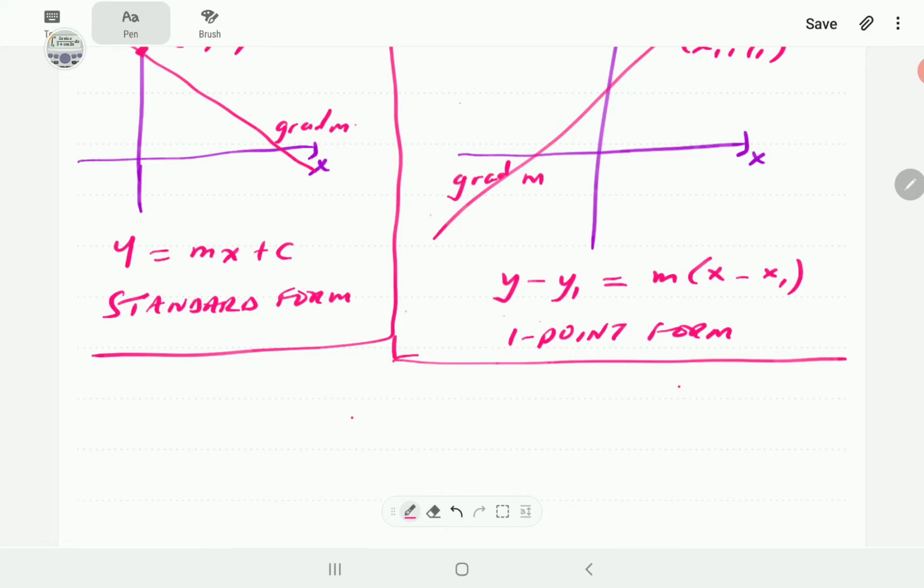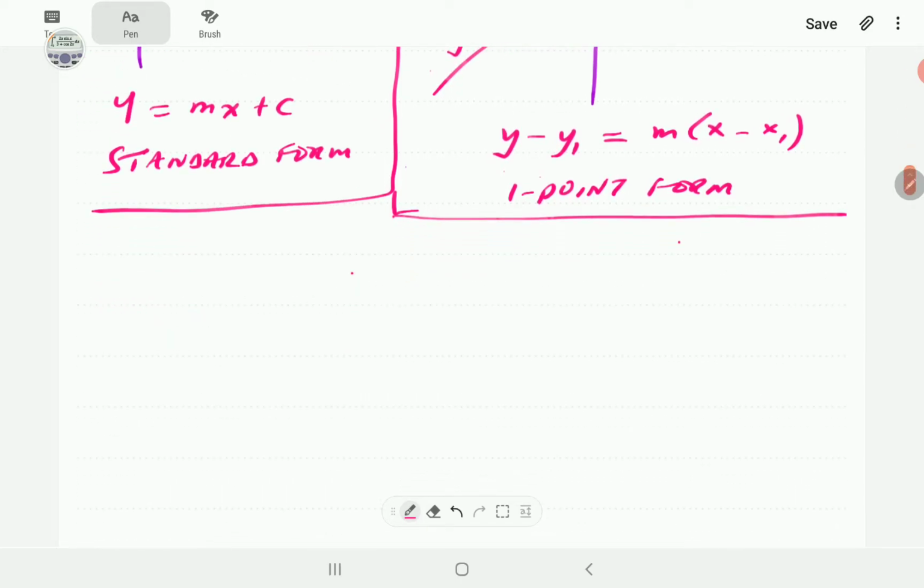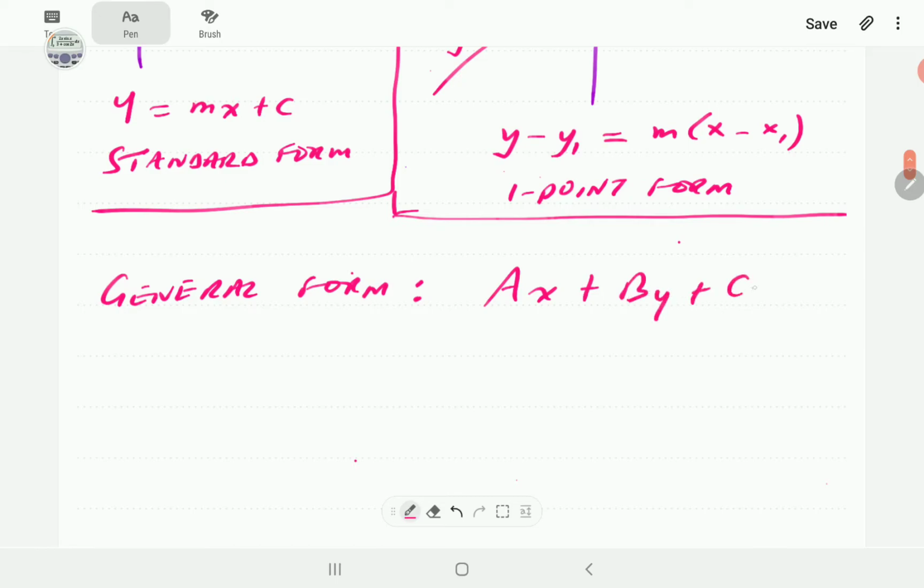Then there is a third form that we mentioned. We said this one is called the general form of the equation of a straight line. We said the general form is ax plus by plus c, where typically a, b, and c are not fractions.